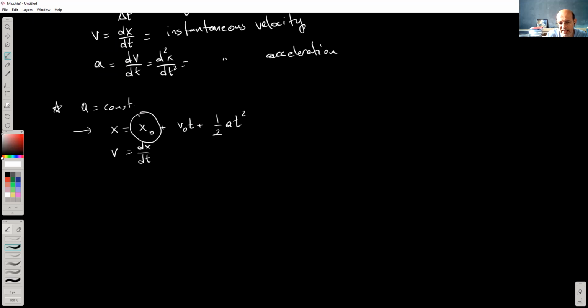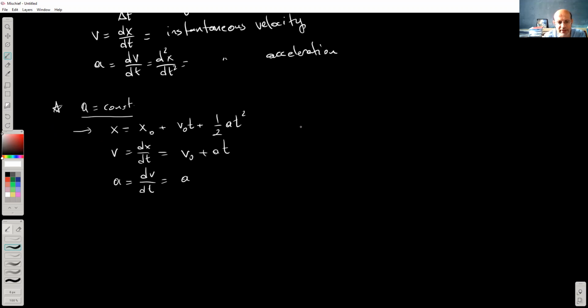first term is just a constant, so its derivative just goes away. Second term gives us v0, and third term gives us at. And if I take one more derivative, it's the derivative of the velocity. In that case, the first term gives 0, and the second term gives a. So as a result, we just end up with this value of the acceleration, which has been constant, right?